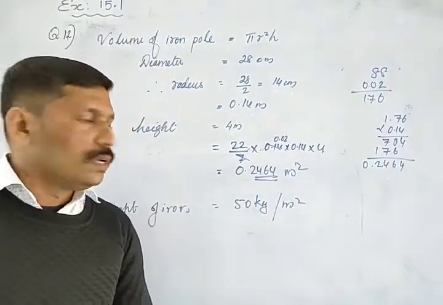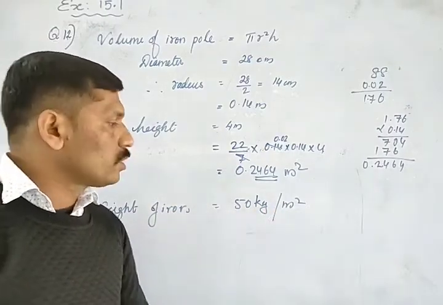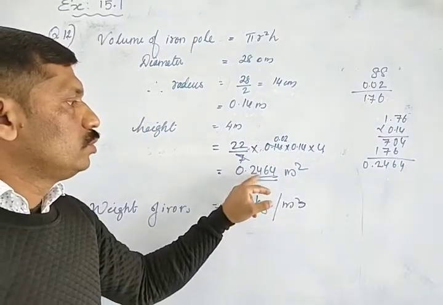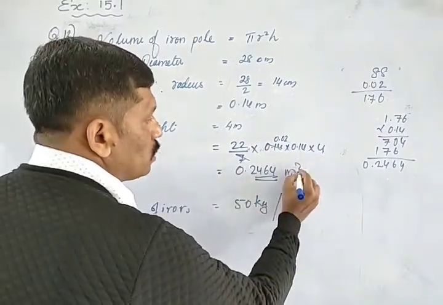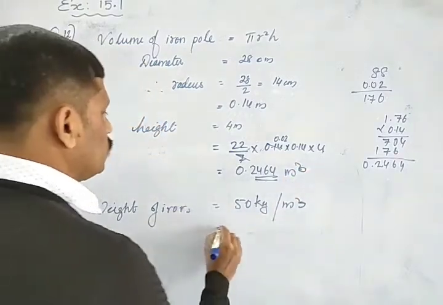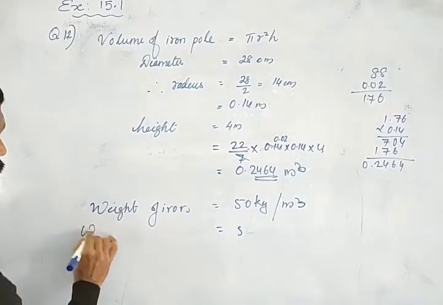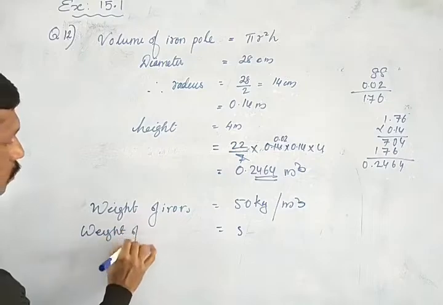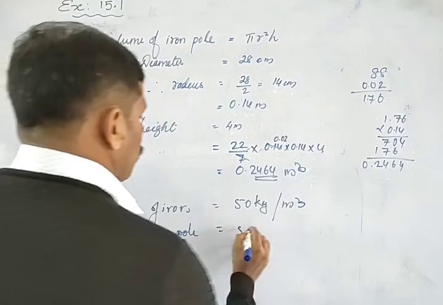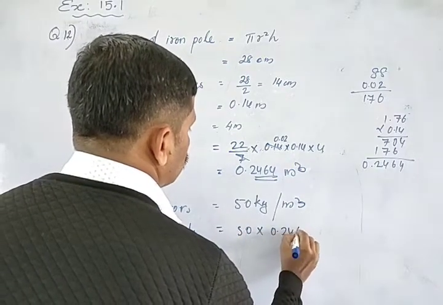And the weight of the iron is 50 kilogram per meter cube. 1 meter cube, 50 kilogram. Therefore, 0.2464 meter cube is there. Weight of iron is equal to 50 into 0.2464.